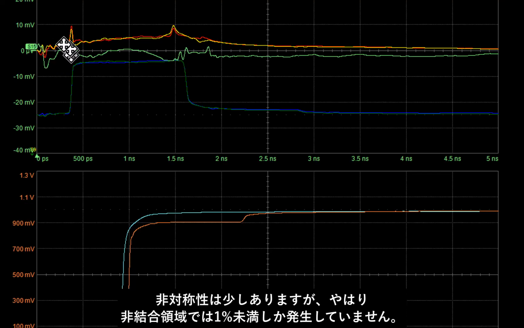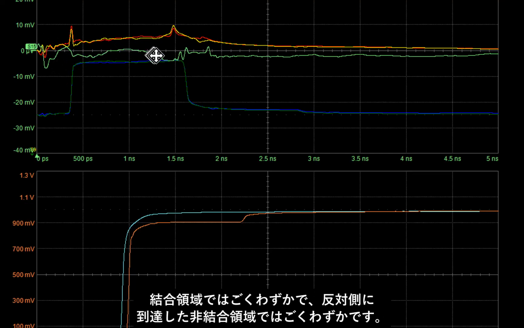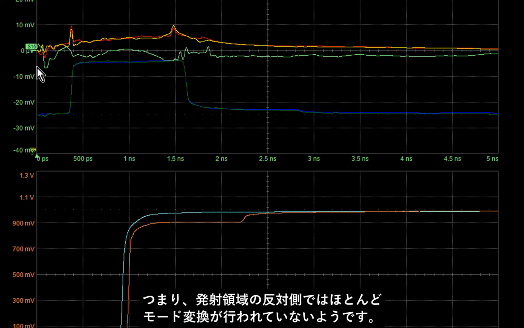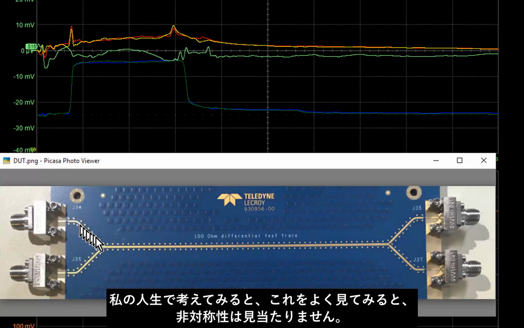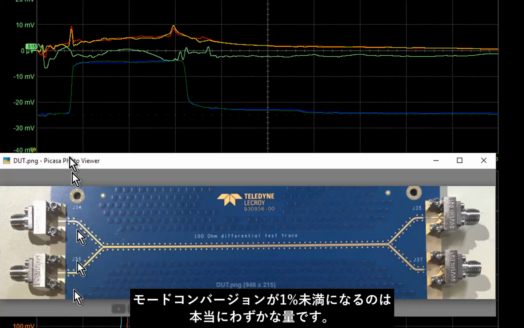There's a little bit of asymmetry, again less than 1%, happening in the uncoupled region, very little in the coupled region, and just a tiny little bit in the uncoupled region on the other side. So that very little bit of mode conversion seems to be occurring in the launch region over on this side. And for the life of me, I look at this very closely and I can't see any asymmetry. It's a really small amount, giving rise to less than 1% of mode conversion.